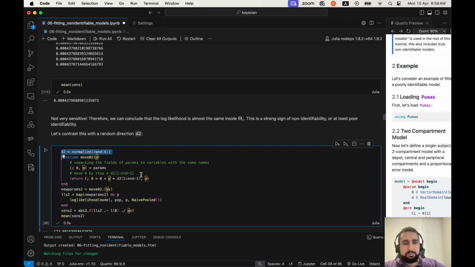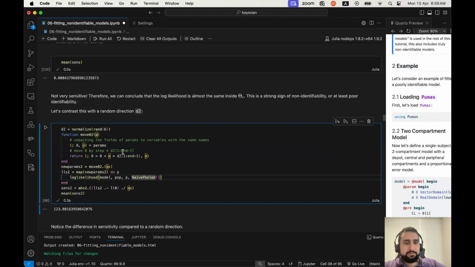Again, in this case, we are ignoring the last number of D2, and just taking the first 5 numbers of D2 and adding them to theta. So this is the same procedure, just with a different vector D2 that's also normalized. So we first get a random vector, normalize it, do the same procedure, and then get the mean value.